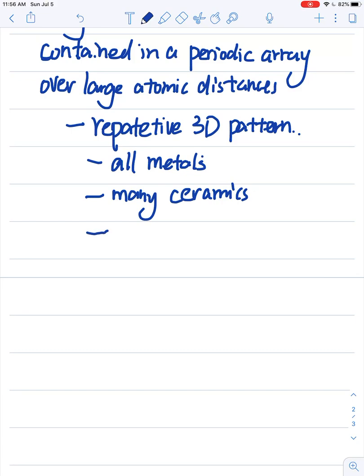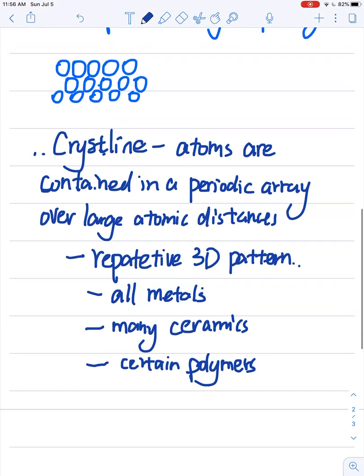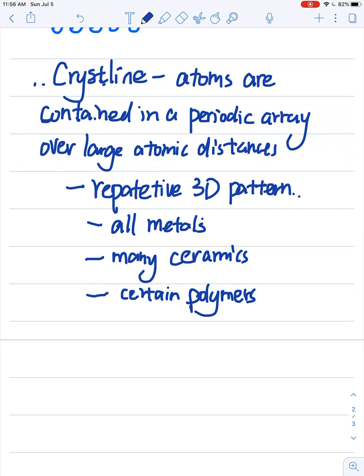And some polymers are crystalline materials too. So remember, when we talk about crystalline solid materials, most of the metals are crystalline, many ceramics are, and some polymers are.